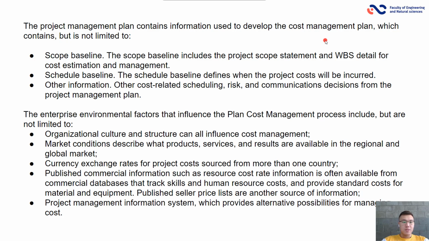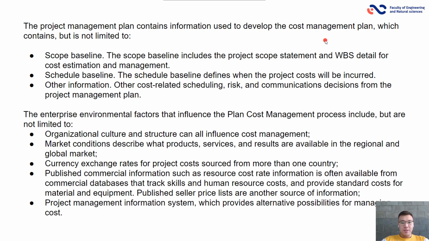In other information, it's like costs related to scheduling, risk, and communication decisions from the project management plan. The enterprise environmental factors that influence the plan cost management process include, but are not limited to, organizational culture and structure, which can all influence cost management.